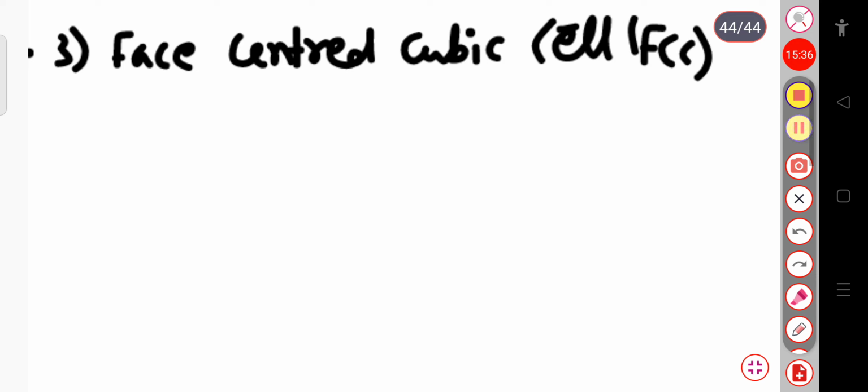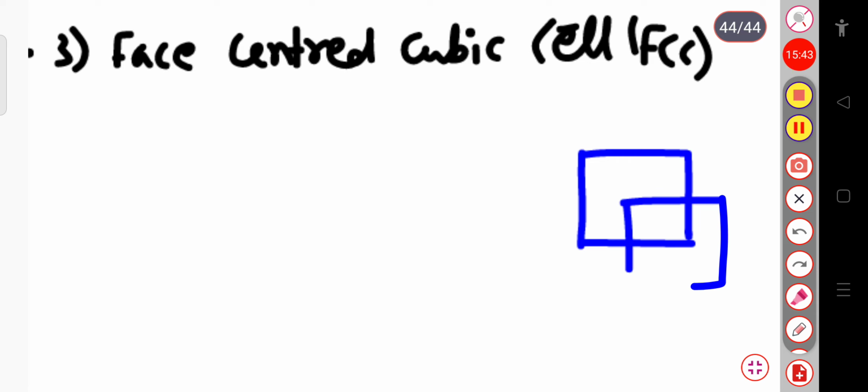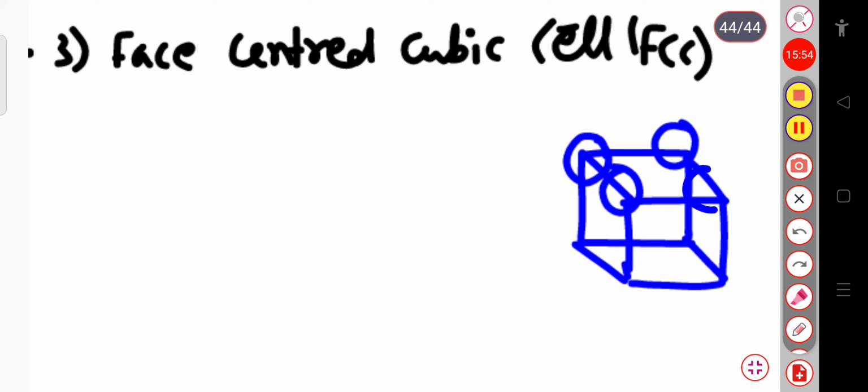Face centered cubic means, suppose this is a cubic unit cell. In case of the face centered cubic structure, first of all each corner has an atom. There are 8 corners, so there will be 8 corner atoms in the face centered cubic structure.